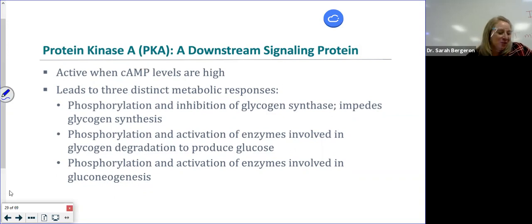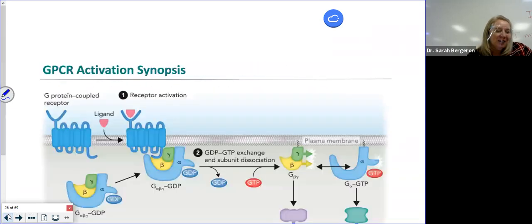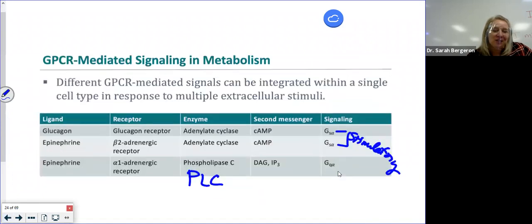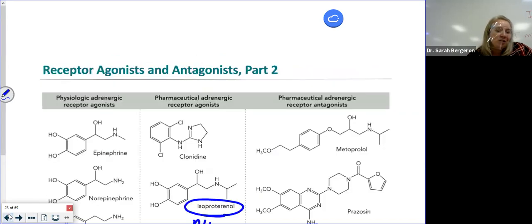All right, so let's get back to our pathway, right? What was our downstream signaling protein? Go back and look at your enzymes that are being activated. So if we have adenylate cyclase, we have phospholipase C, what are those going to activate?